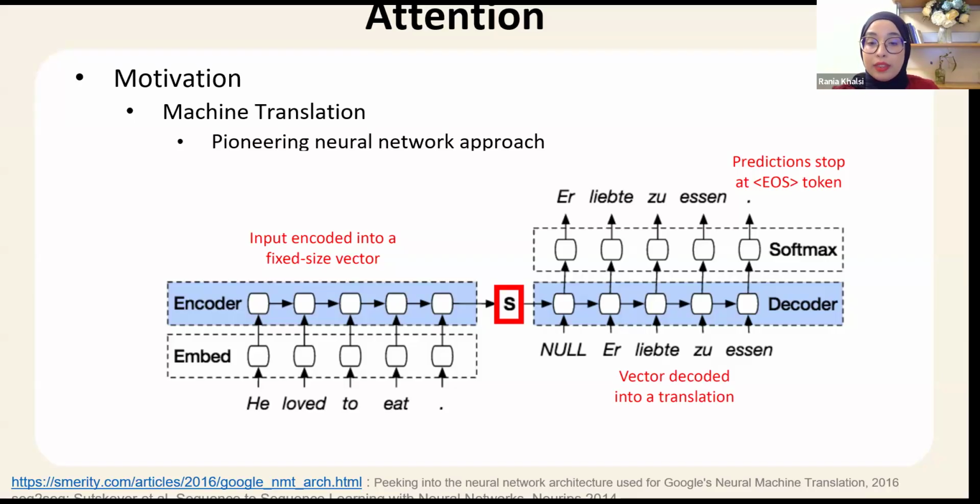This vector S is often referred to as the hidden state. Once this hidden state is obtained, it will go through the decoder, and from the decoder we will have the results of the translation, okay?